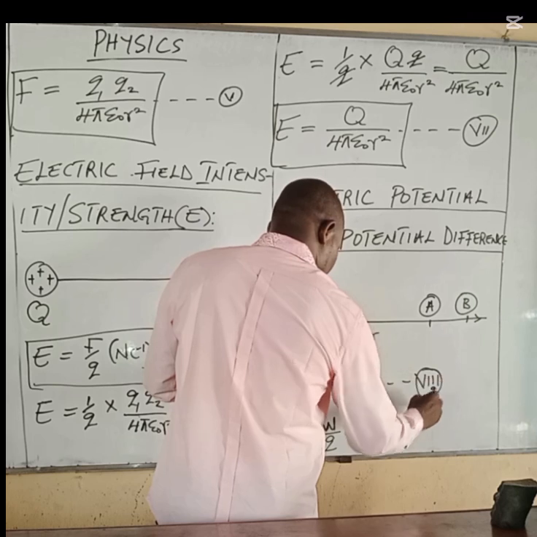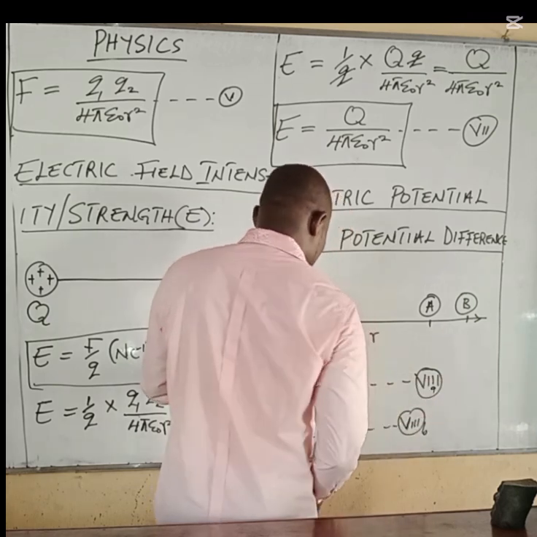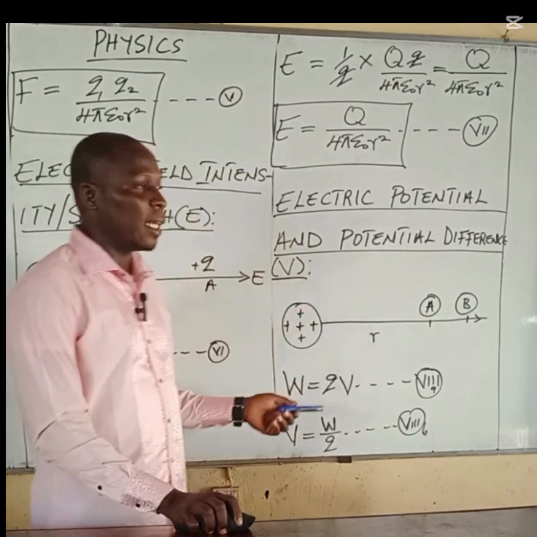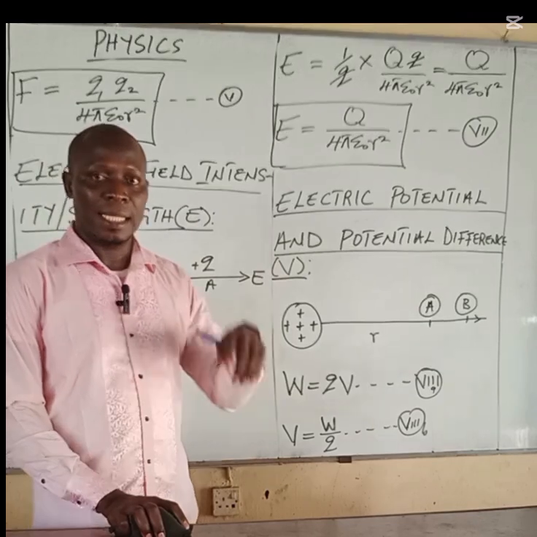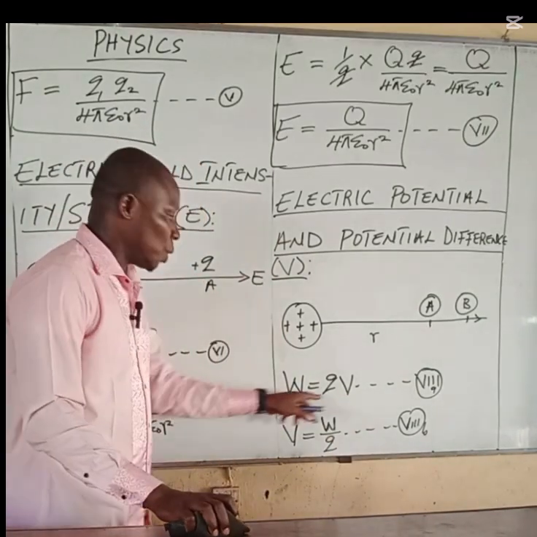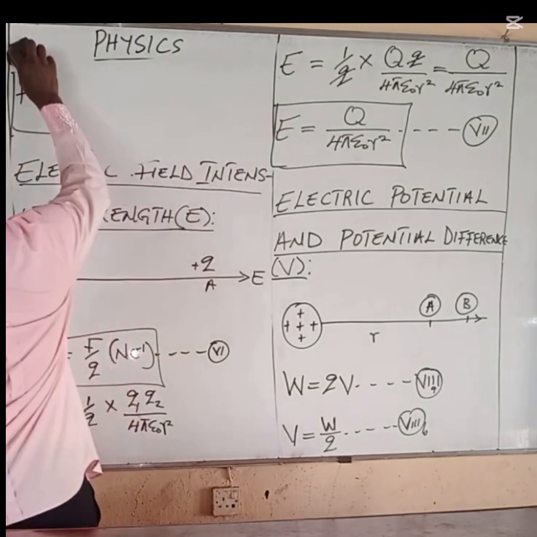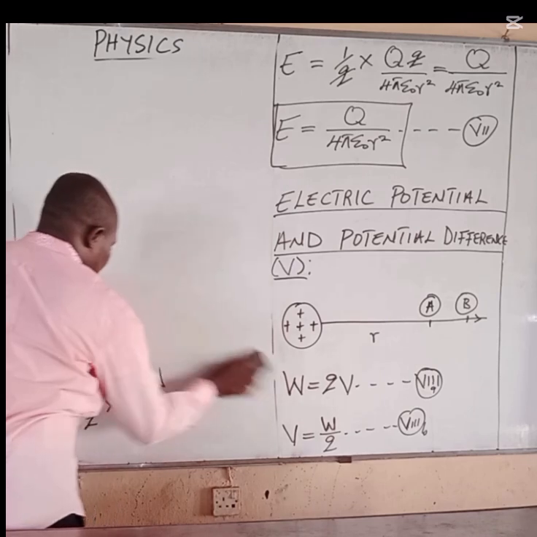Let's call this equation 8B. Now, both electric potential and potential difference are measured in volts. That is, their unit is volts, while the unit of work done is joule. All right, so let's continue from here and derive our formula for electric potential.